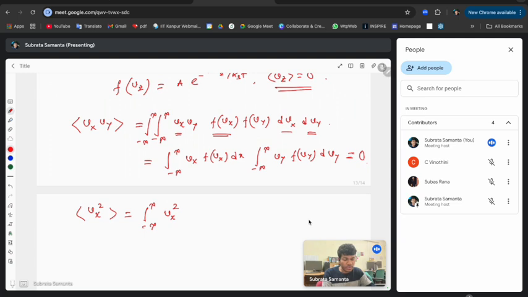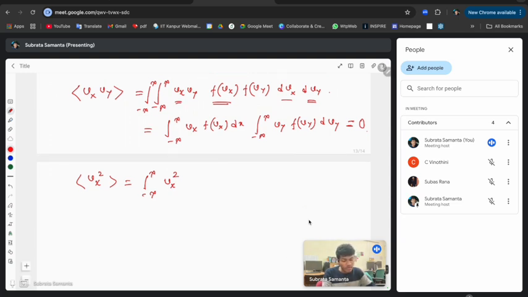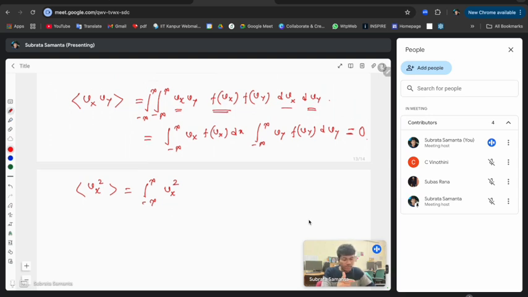Now I want to compute the Vx square average, so I calculate the average value of Vx square, and that gives a non-zero value: the integral of Vx square times e to the power minus m Vx square over kBT, dVx. Now this is an even function and this is also an even function, so that gives a non-zero value.